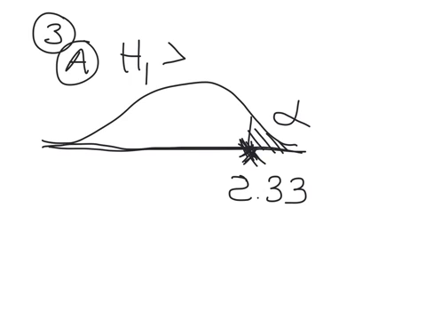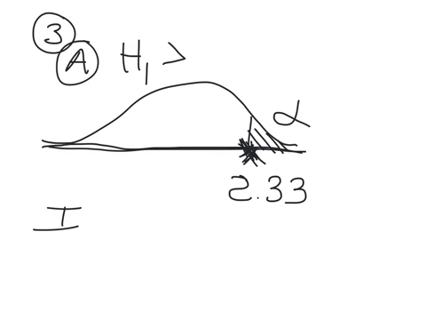Okay, so each one of these, when you set up your rejection region, you're going to have an if-then statement. So you're going to say if Z star, that is the value that I get from step 2, is greater than that horizontal value that I just found, then we reject H0.